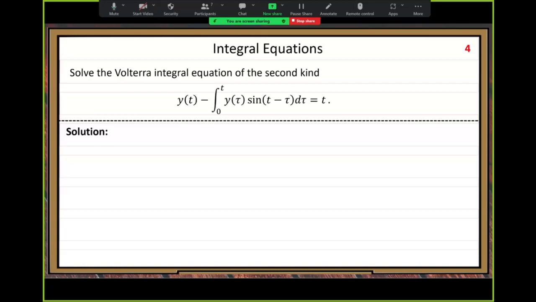When you see this structure and apply the Laplace transform, you get a product of 2 Laplace transforms. All right, so let's do it.